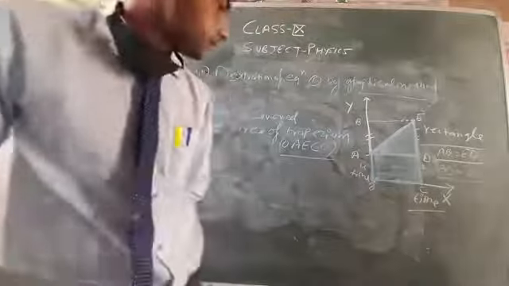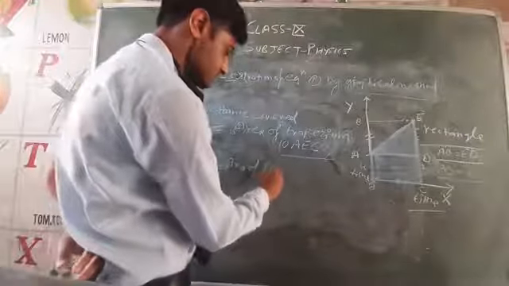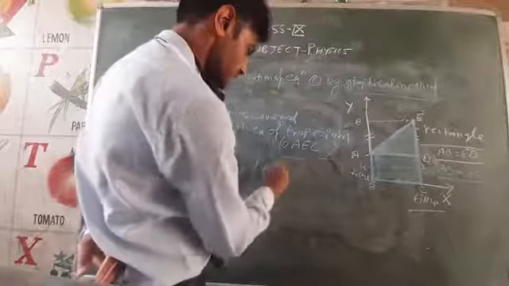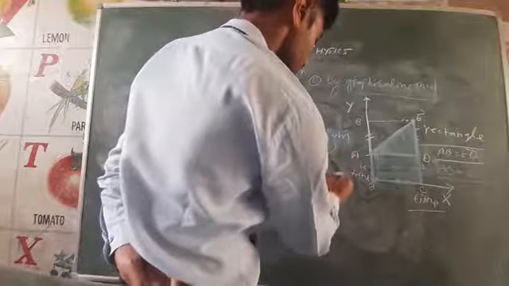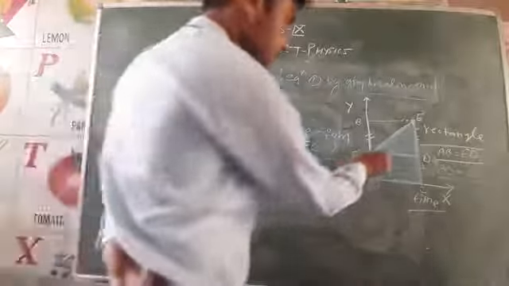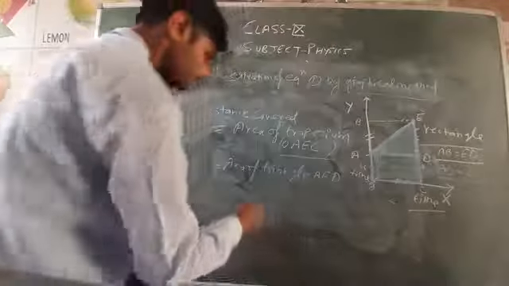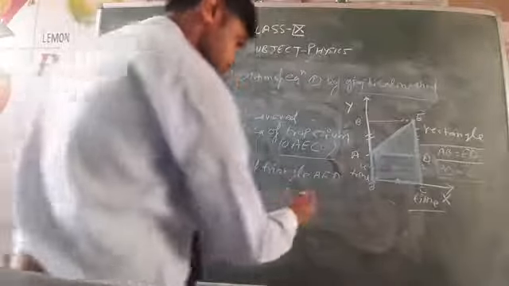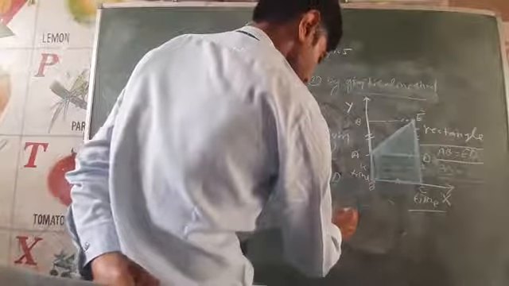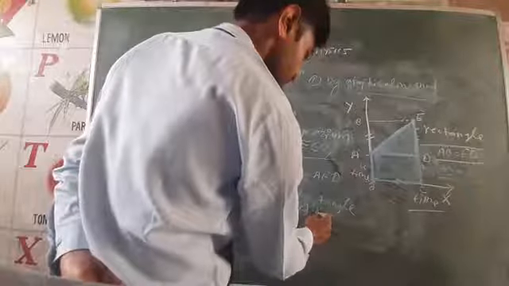The area of triangle AED, this is a right angle triangle, you can see, plus the area of rectangle OADC.